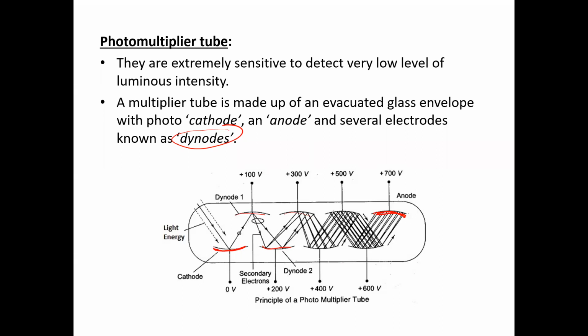The purpose of having several electrodes is that before the electron, which is initially emitted by the incident light from the cathode, reaches the anode, in each of the intermediate electrodes the focus is to generate further electrons in each stage.